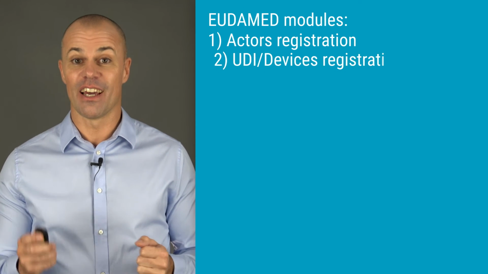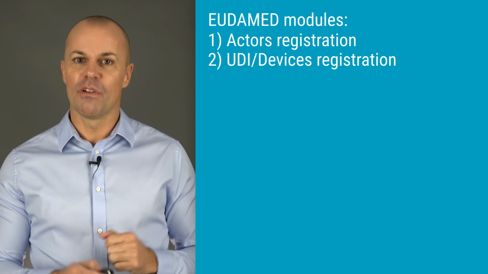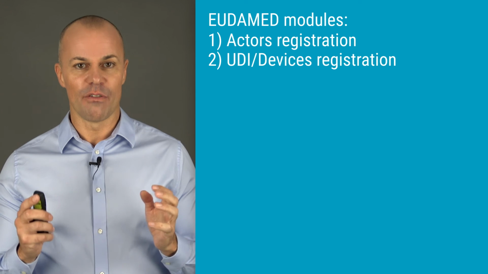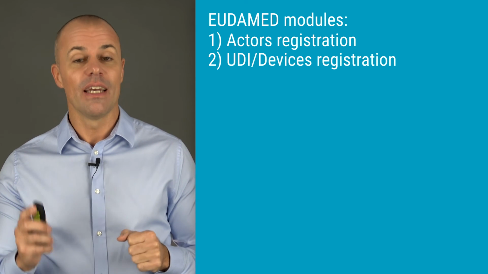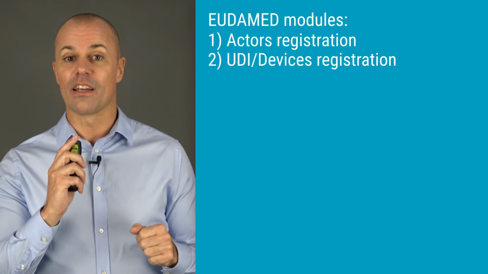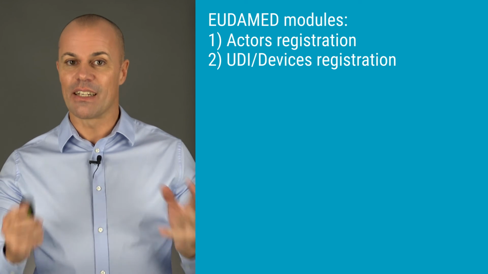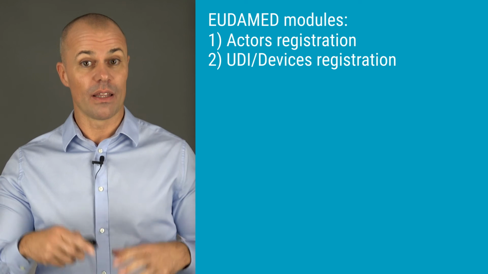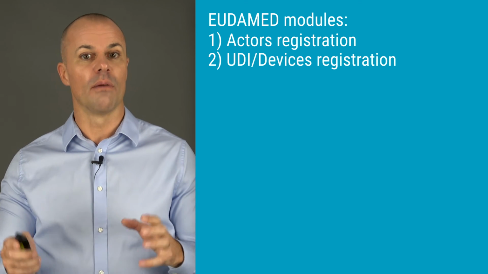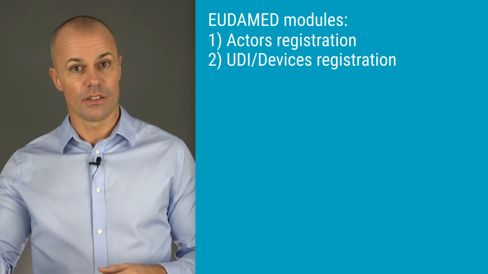That was about the two first modules for actor registration and device registration. But before we move on, I just want to clarify that when you request to register as an actor in EUDAMED, it is the competent authority in the country you operate that handles the application. And it is up to each country to decide whether this shall be free of charge or comes with an application fee. Just so you know.